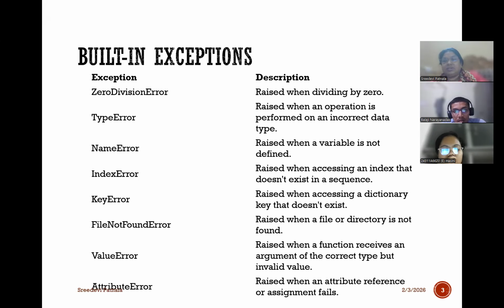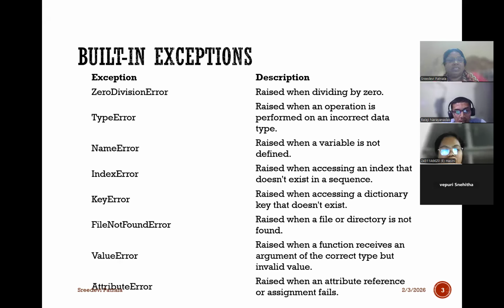Now the next list talks about built-in exceptions. Meaning by default, along with Python, these are the exceptions, not keywords basically. These are the exception list which are there. For example, zero division error, which I gave earlier. When a number is divided by zero, it goes into an infinite loop. So instead of going into an infinite loop, I use a zero division error.